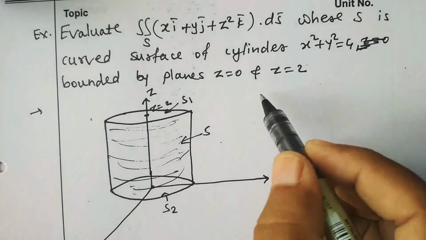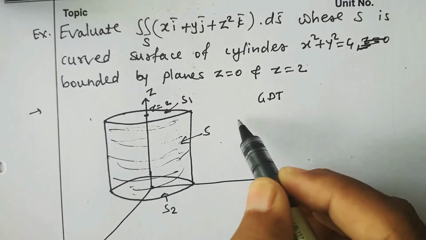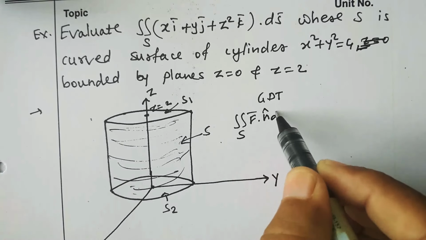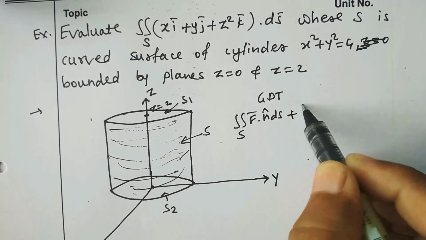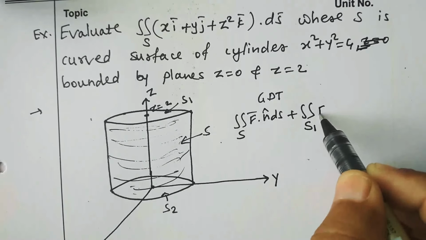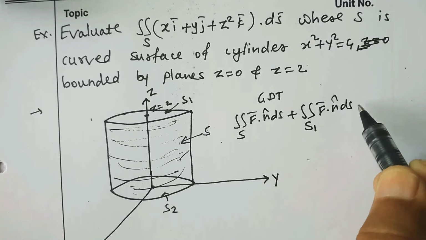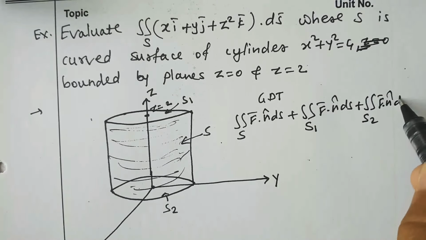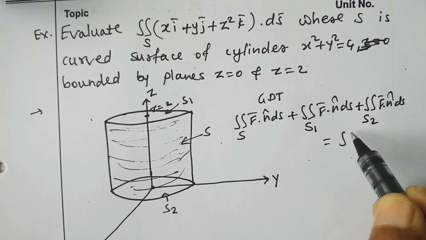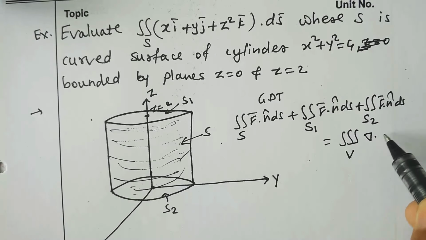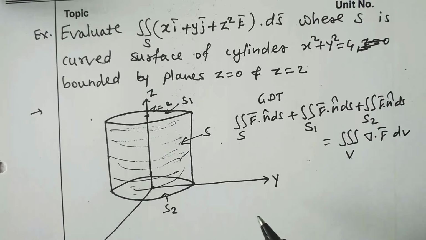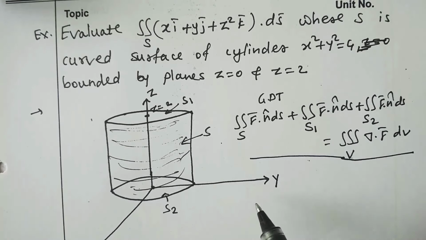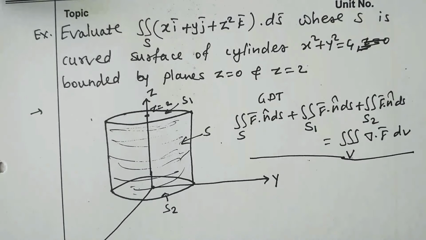We can write Gauss divergence theorem as double integration over S of f bar dot n cap dS plus double integration over S1 of f bar dot n cap dS plus double integration over S2 of f bar dot n cap dS equals triple integration over volume V of del dot f bar dV. This is the actual statement of Gauss divergence theorem for this particular example.